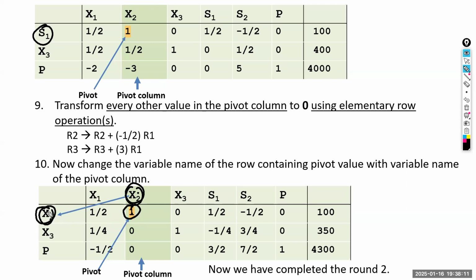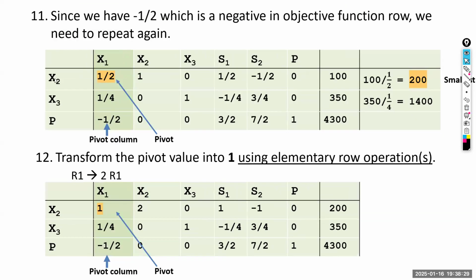Now it is x2, x3, P. Earlier it was S1. And here also earlier S2, but after first iteration we made it x3 because we did the third column. Right. So now that is the end of the iteration 2. Now this x2, x3.